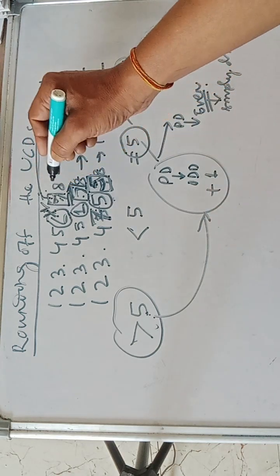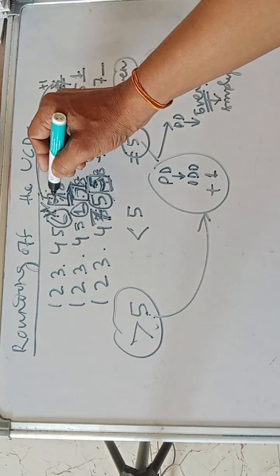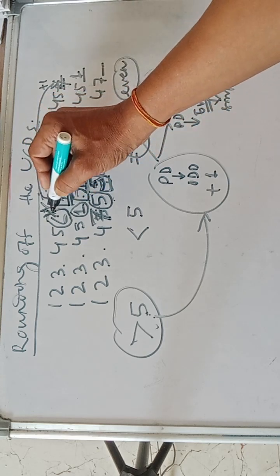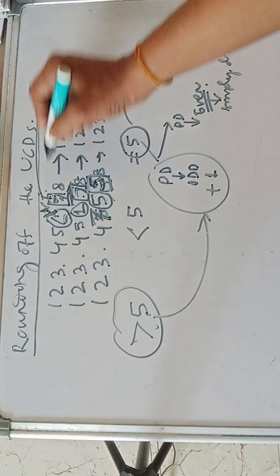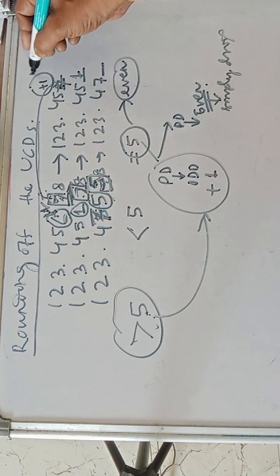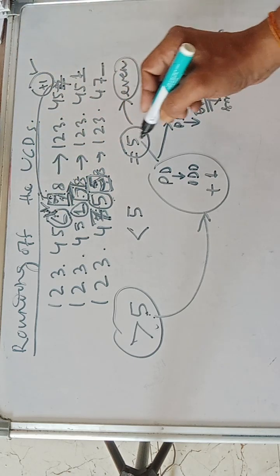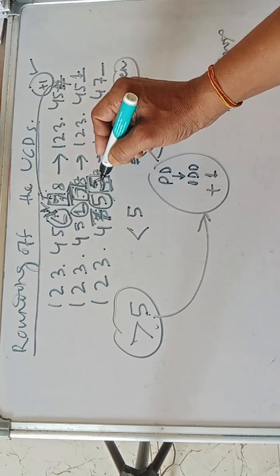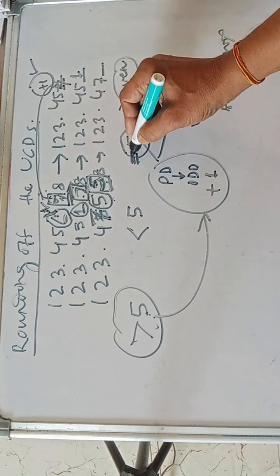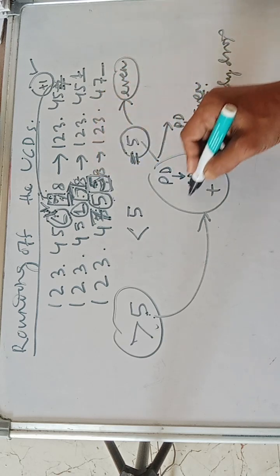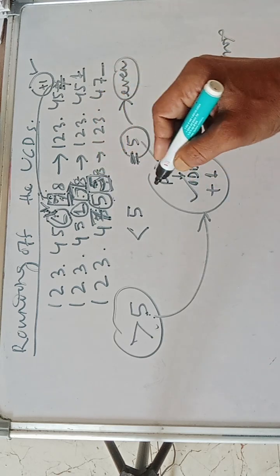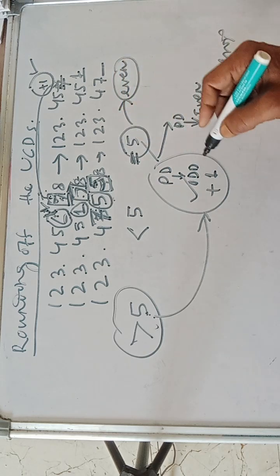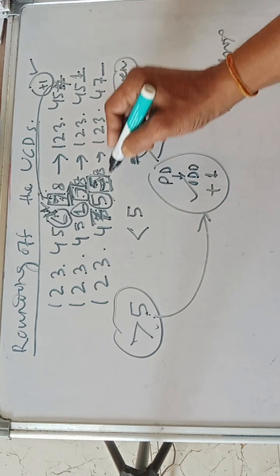Earlier, once the digit was greater than 5, it was dropped and the previous digit was increased by 1. Here, if the previous digit is odd, what will we do? We'll add 1 to the previous digit and this digit will be dropped.